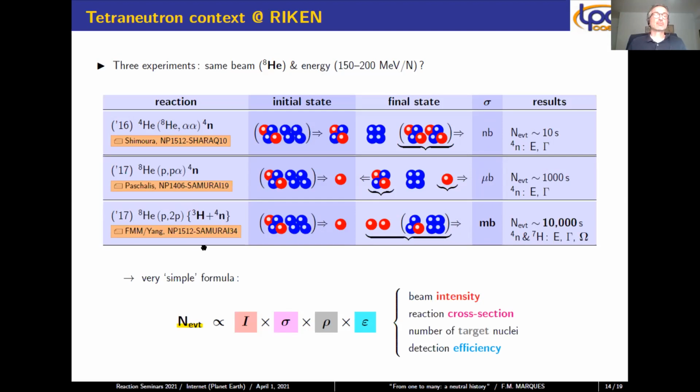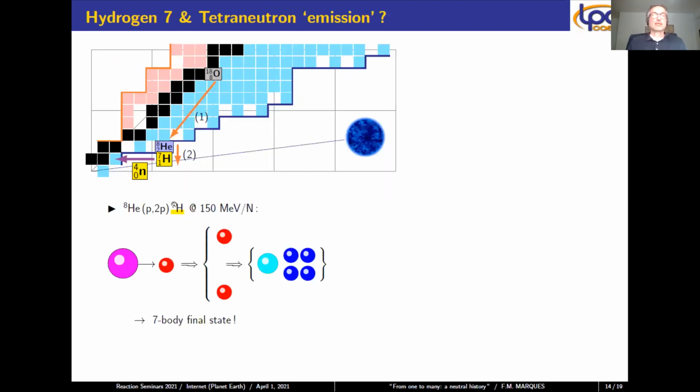I will show you some results from our program for hydrogen-7. So the idea, we have a primary beam at weekend, oxygen-18. We are going to break it first in BigRIPS.